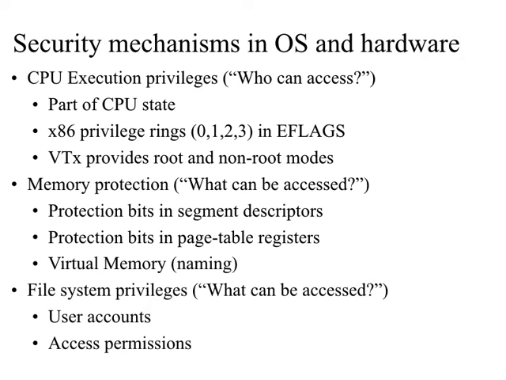The execution hardware will match the CPU execution privilege level and the memory protection privilege level before allowing memory access. In addition, when we talked about file systems, we discussed how different users can have their own directories with appropriate permissions. So file systems define user accounts, and also they often define access permissions for different users.